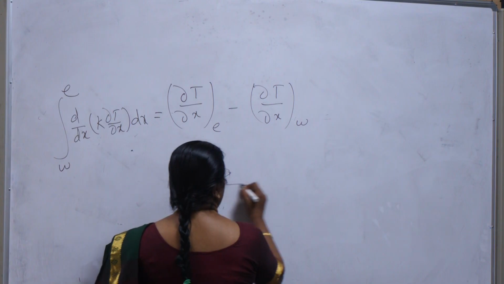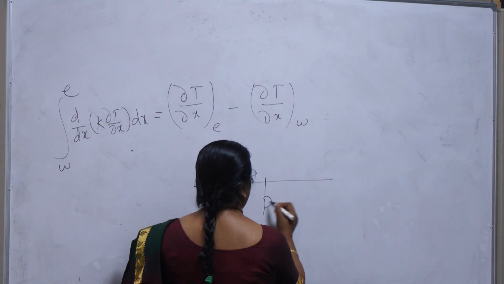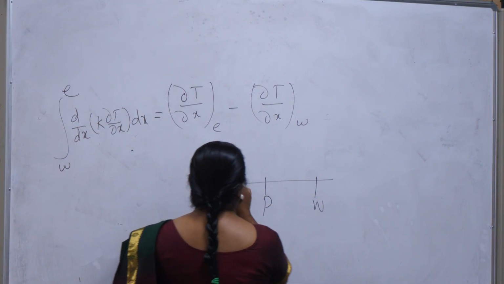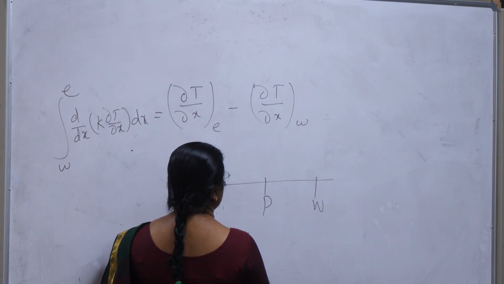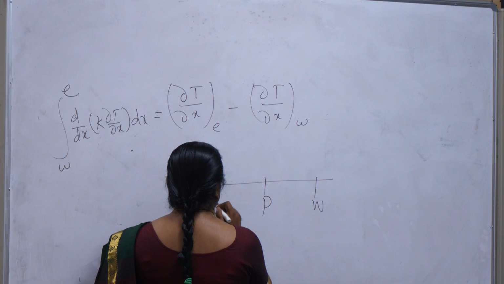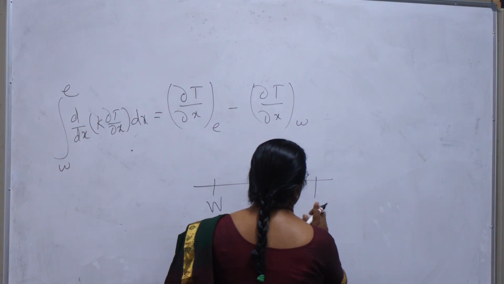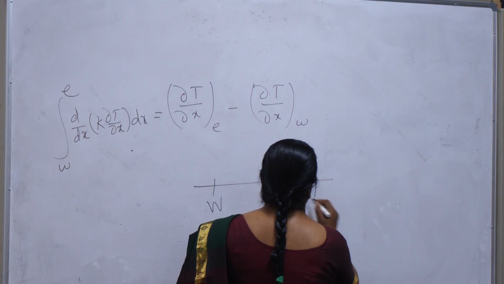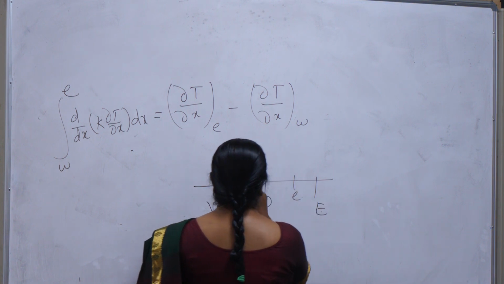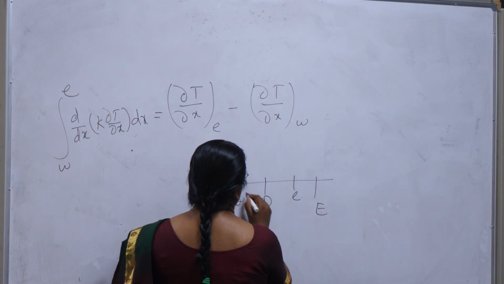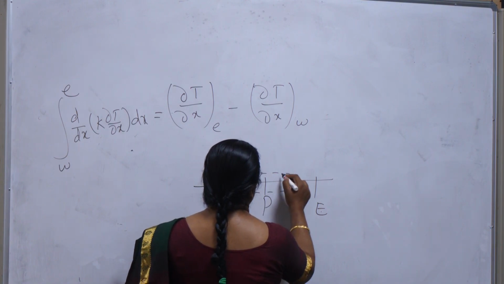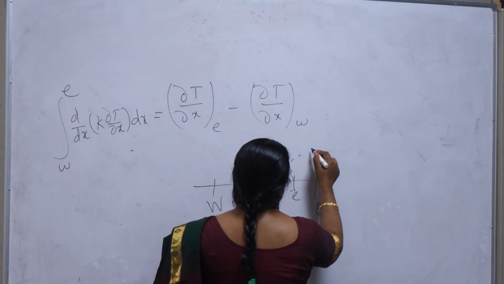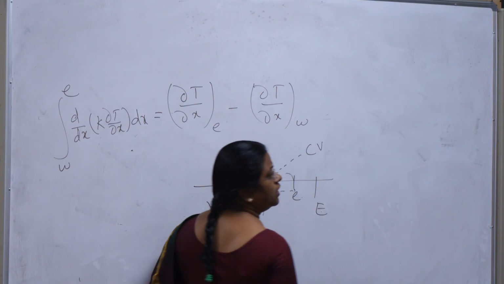This figure also we have, no? This is W. This is our control volume.